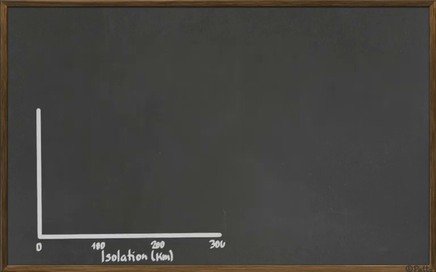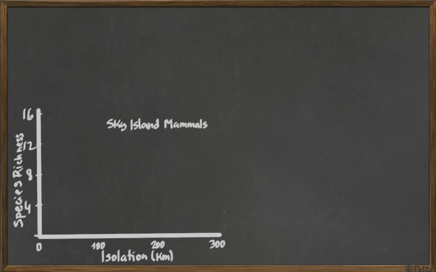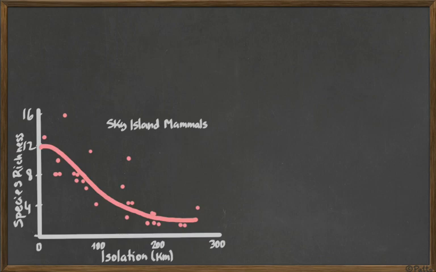To test that, Wilson and MacArthur again tried getting sky islands. Sky islands are mountaintops, species that live only on mountaintops. And they checked what was the distance, the isolation to a main massive Amazonic forest, and they checked what was the richness in mountaintops that were close to the source, high richness of species of mammals, and away, small richness of mammals.